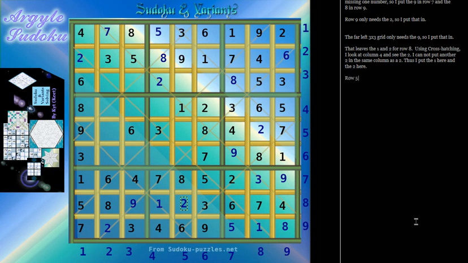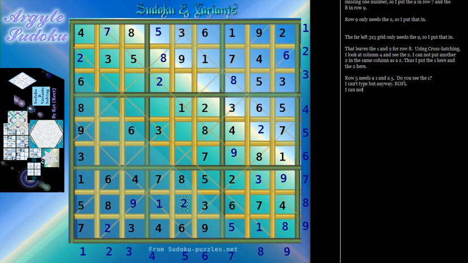Row 5 needs a 1 and a 5. Do you see the 1? I can't type, but anyway.